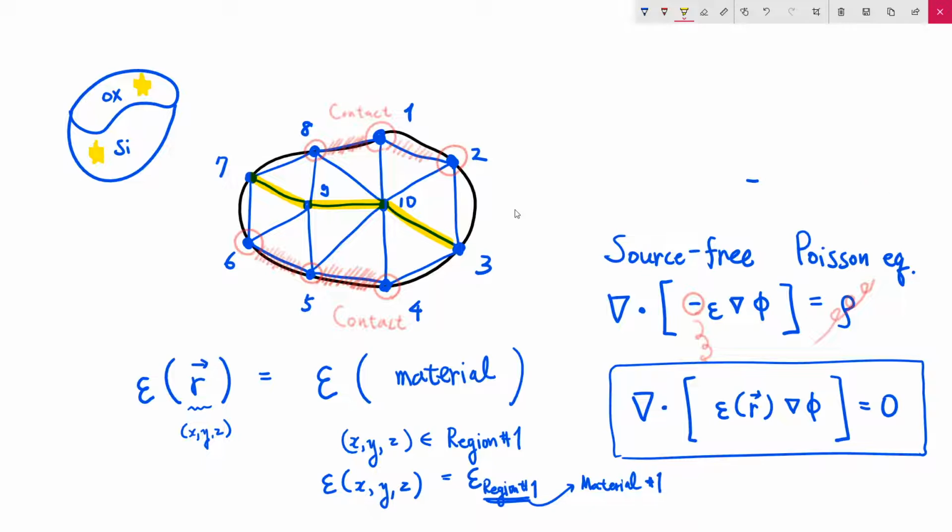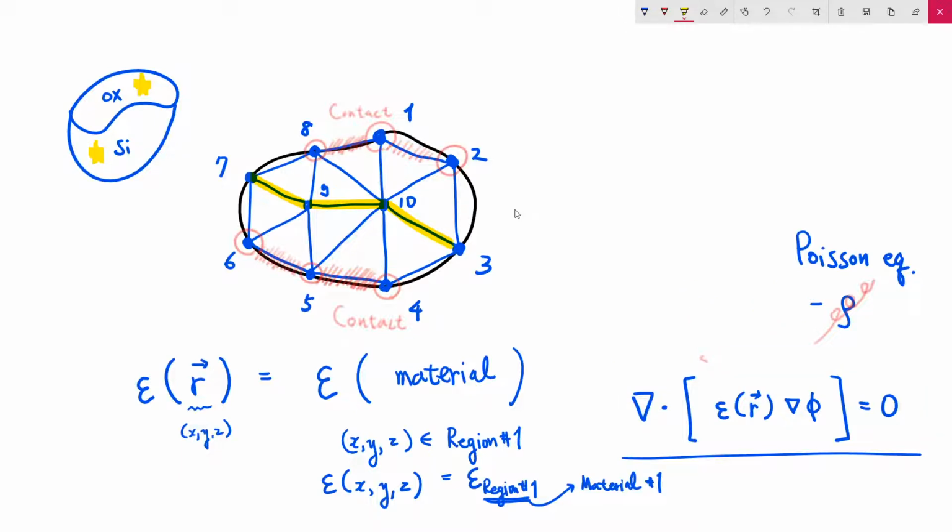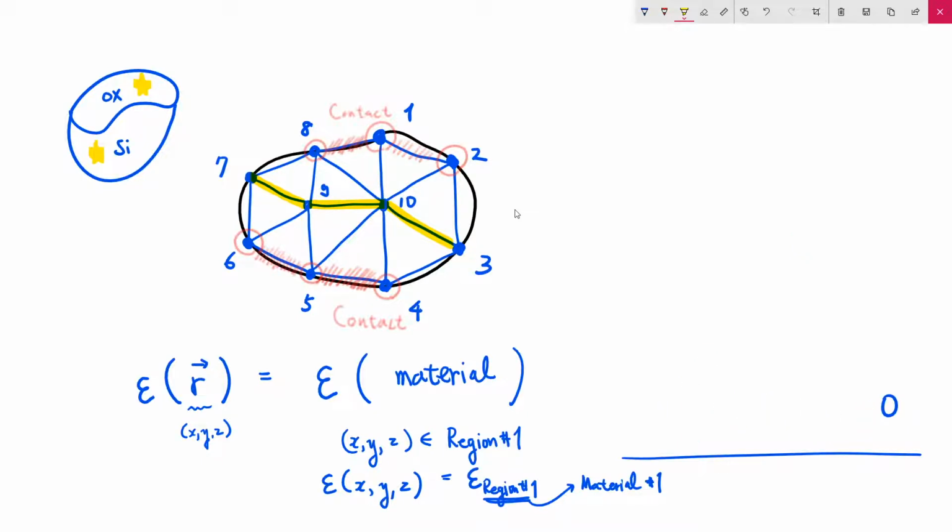Say the upper one once again has the permittivity of oxide, and the lower region has the permittivity of silicon.